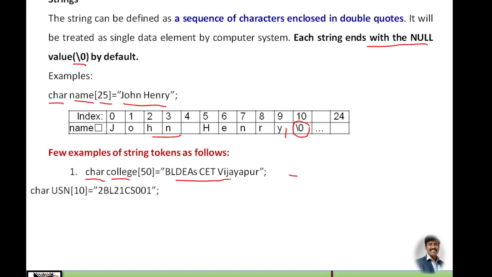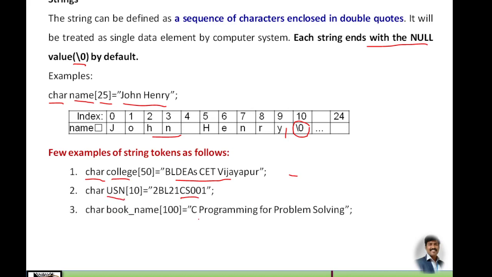Similarly, we are storing a combination of numerical and non-numerical data in a variable USN, and we are storing a sentence in the variable book name. One thing you can observe is that every piece of information we have written is enclosed within double quotes. Whatever is enclosed within double quotes is treated as a string.